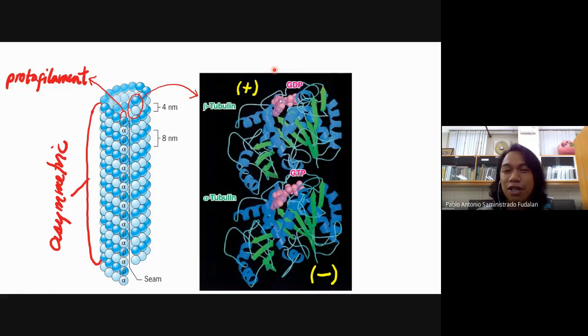Okay, thank you for that term. And that hydrolysis is coupled with the polymerization of new alpha and beta tubulins on top of this. So that is the plus end, because that's where you add new components of the microtubule. All right.